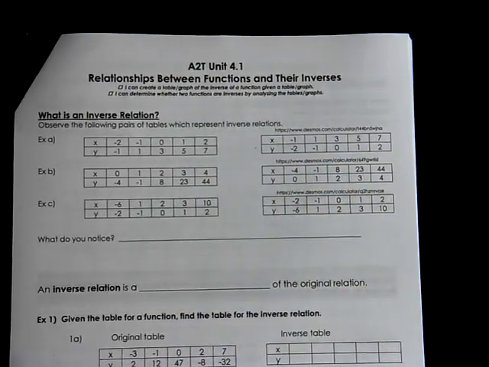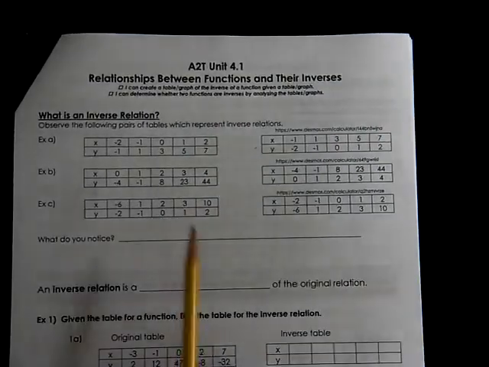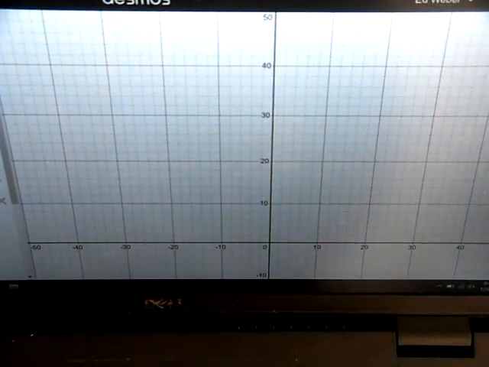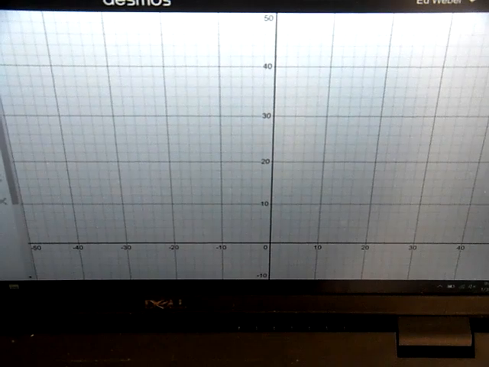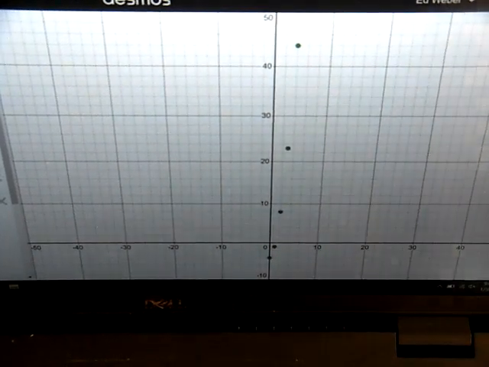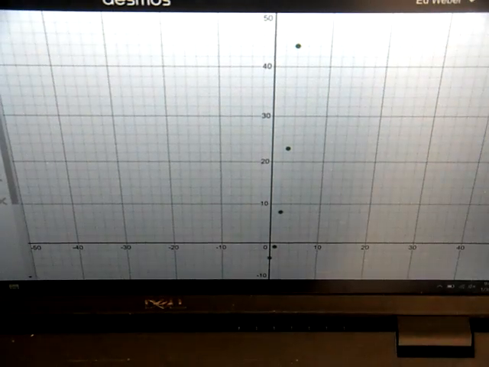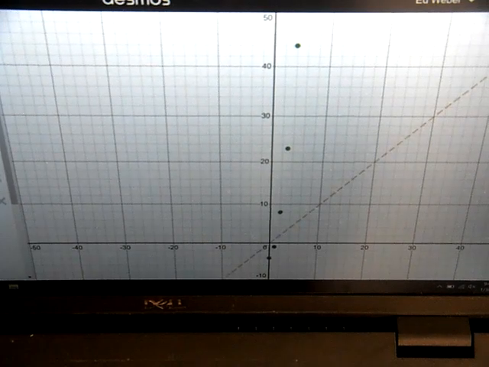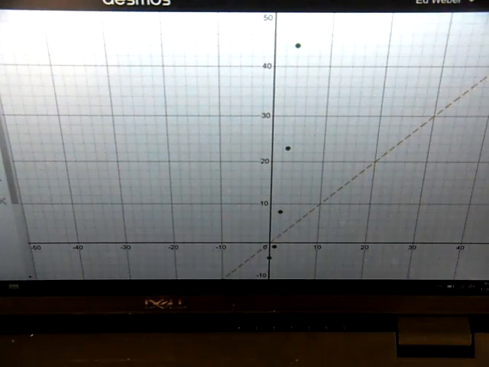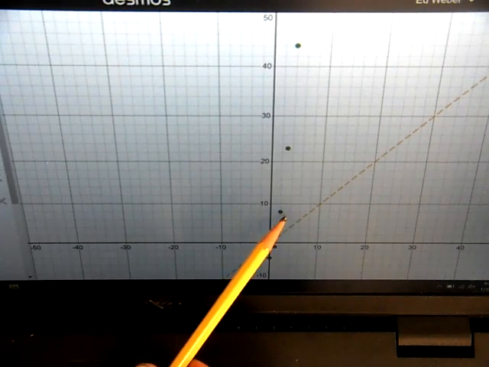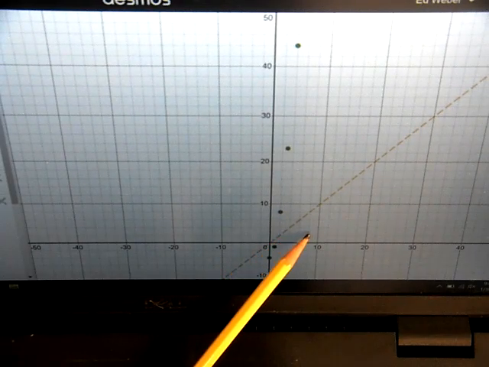Let's look at the second set of tables. If we plot out our first set of points, we're looking at those points. If we draw our line y equals x, you can find the other points by going diagonally to them.